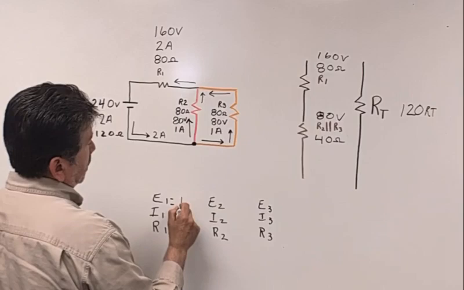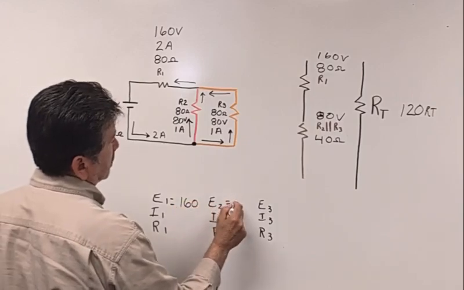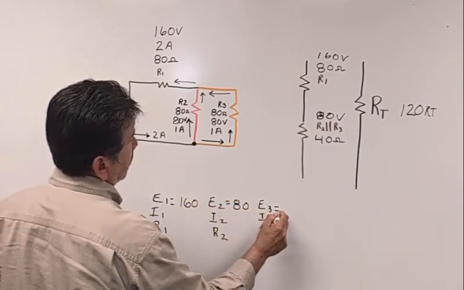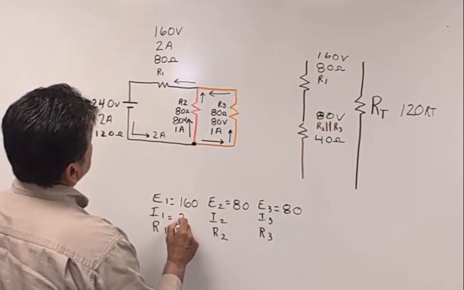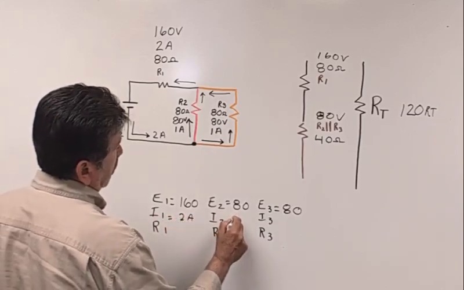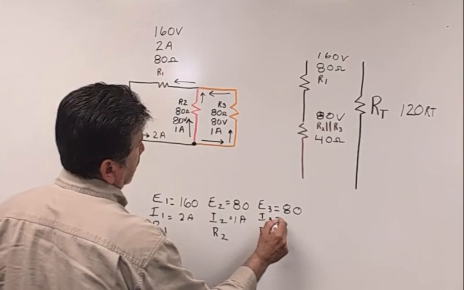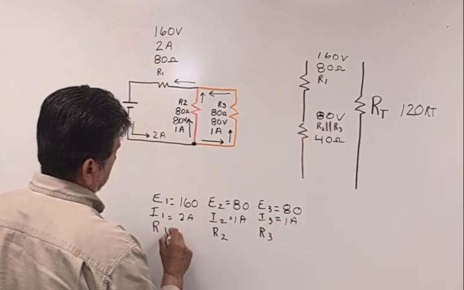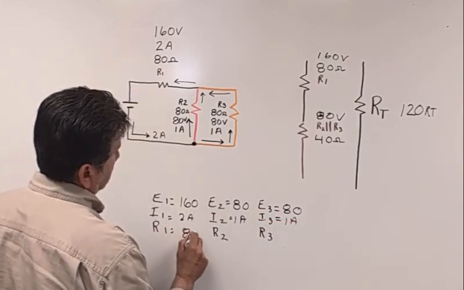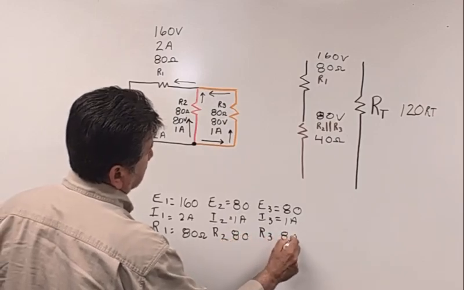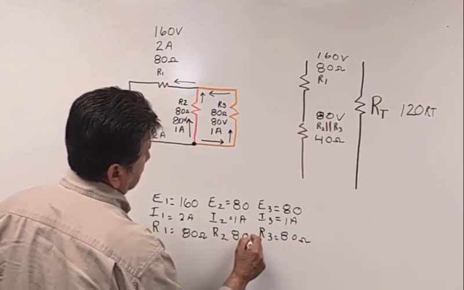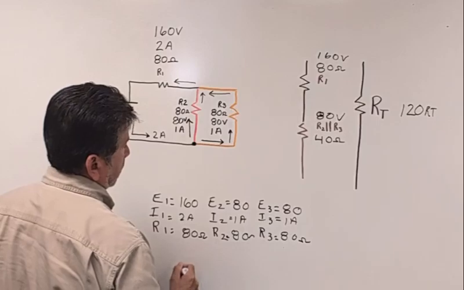So my E1, 160, 80, 80, 2 amps, 1 amp, 1 amp, 80, 80, 80. That's it.